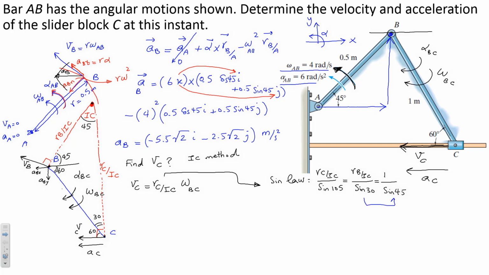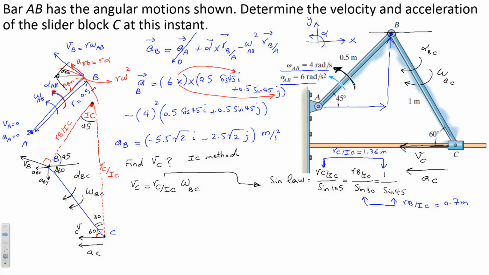I use these two equations to find RB/IC. It is equal to 0.7 meter, and I use this equation and this one to find RC/IC. That is equal to 1.36 meter.